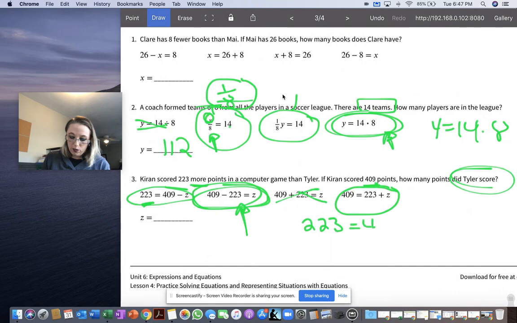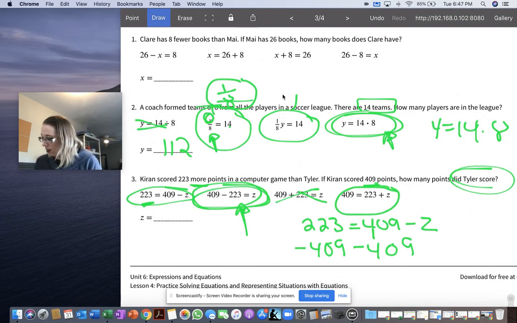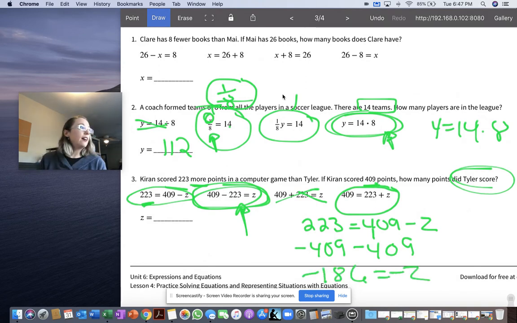223 equals 409 minus z. So here we're going to get into that situation again where you have 2 negatives. So you're going to subtract 409, subtract 409. So you're negative 186 equals negative z. Again, you can't have 2 negatives, right?